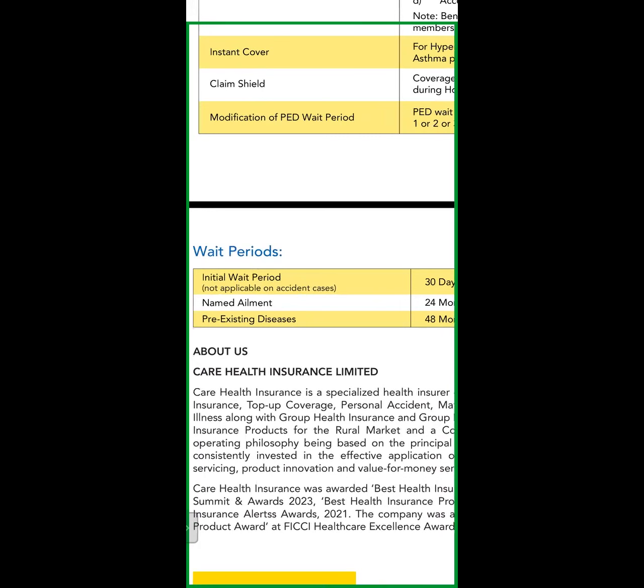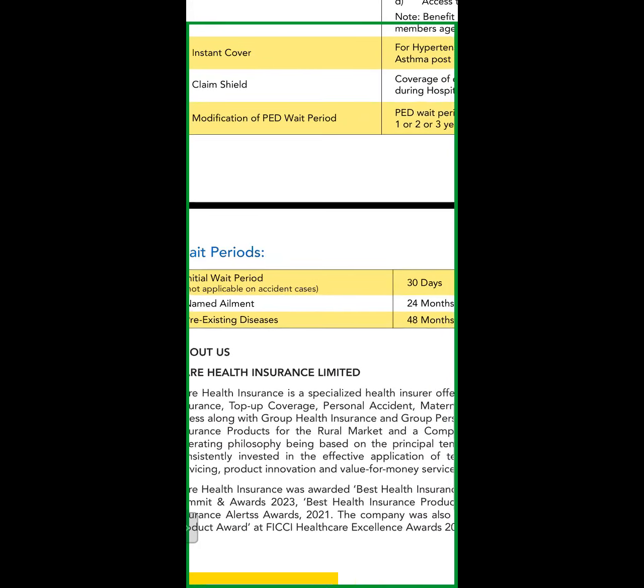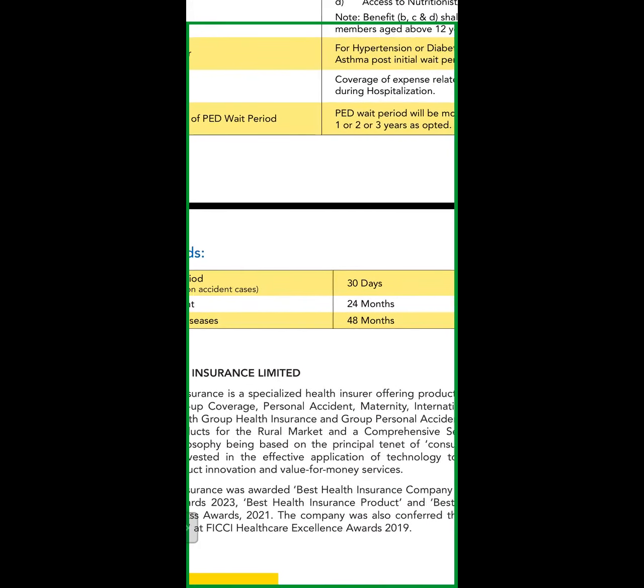And for a pre-existing disease in a base policy, there is a waiting period of 48 months, but it can be reduced to 3 years, 2 years, 1 year, or from the 31st day. But if a customer is very keen on premium and is ready to wait for 4 years, then yes, we have to give them a 4 year waiting period in a base policy.